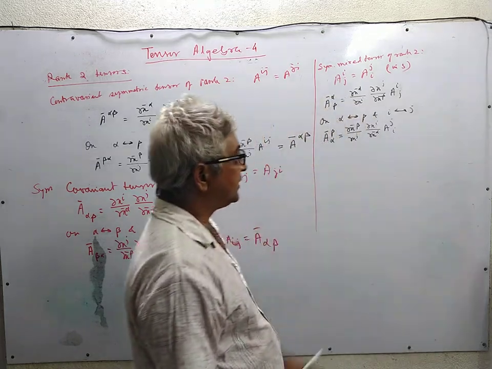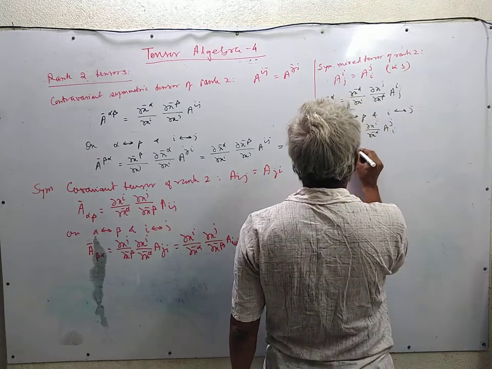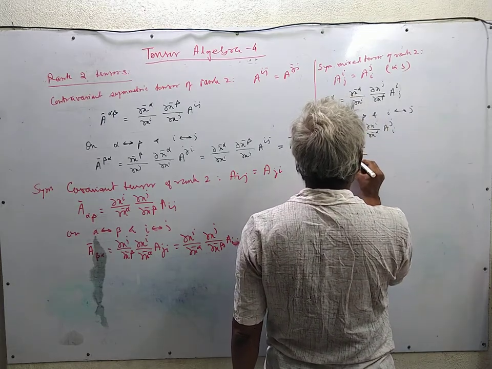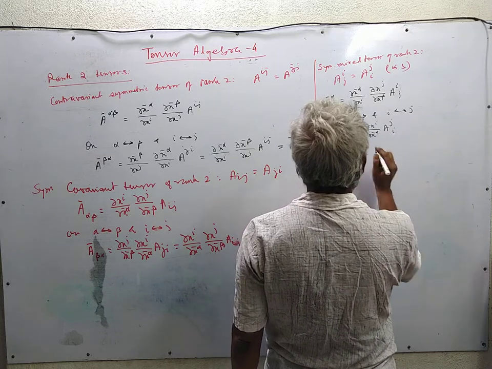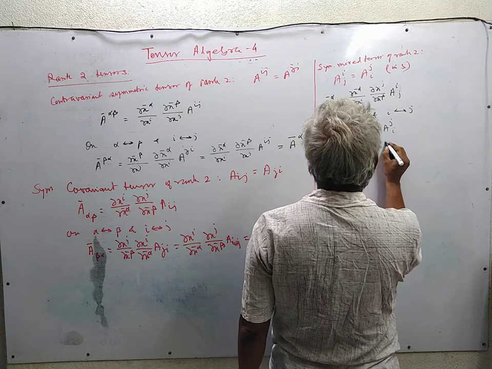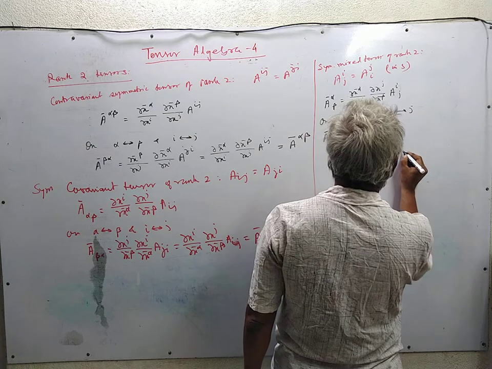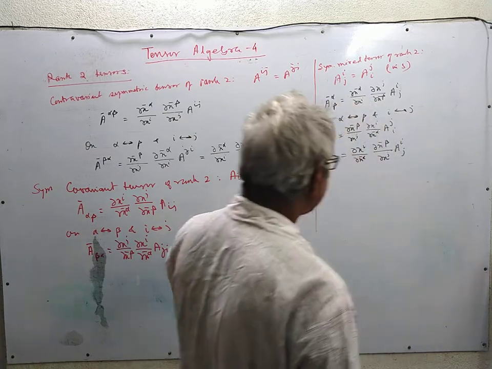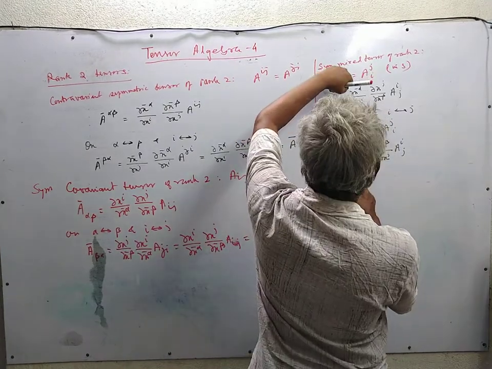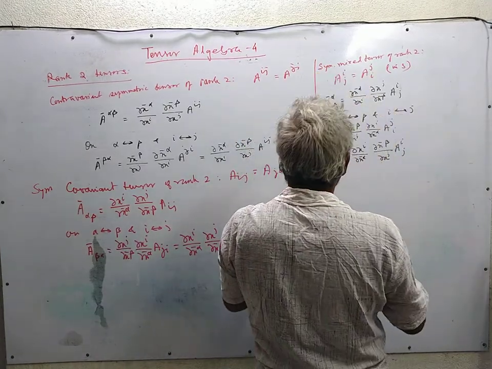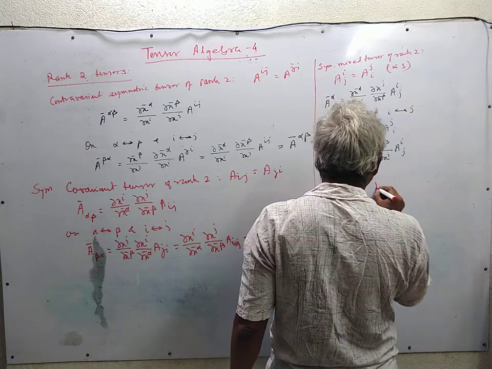Now we know that A of ji is equal to A of ij, so we rewrite it as del xi by del x bar alpha, del x bar beta by del xj, A of ij. But note that this is not A bar alpha beta.